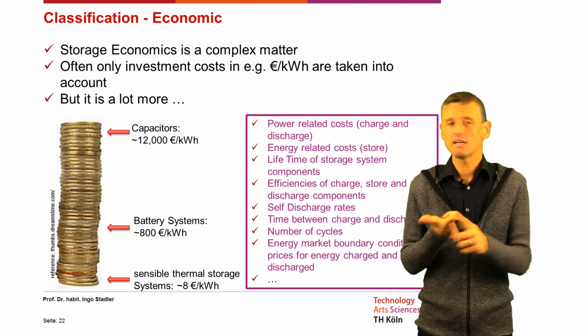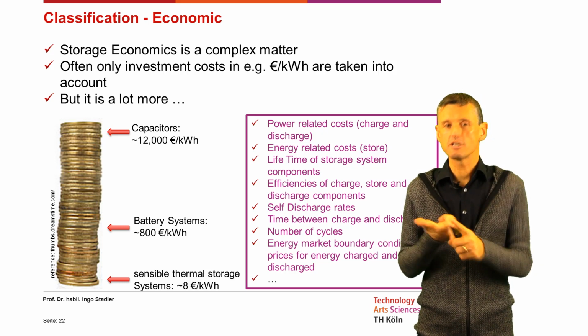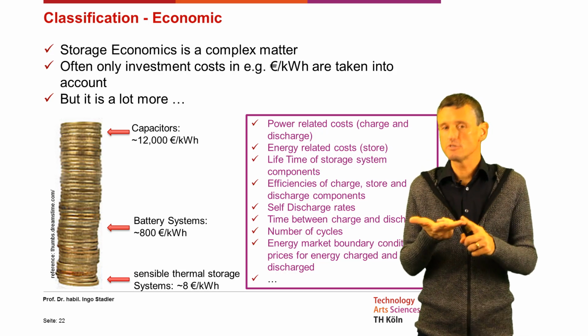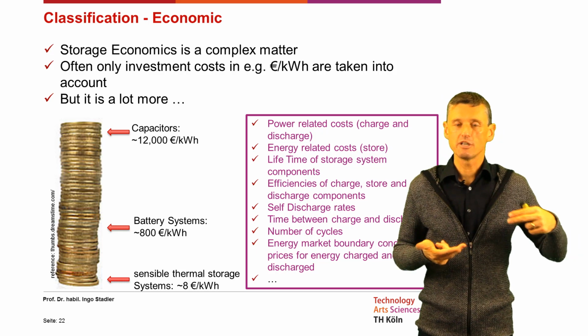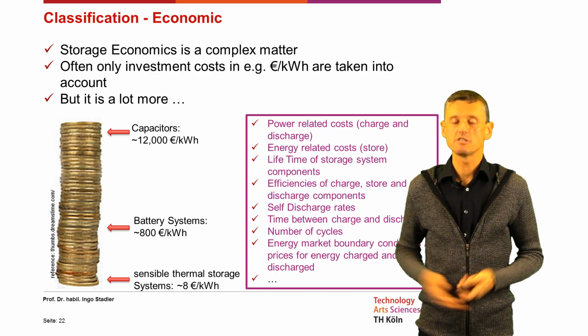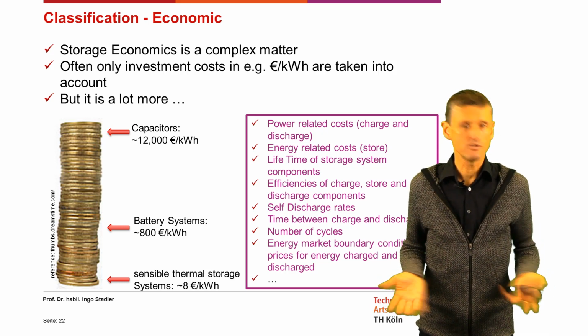The number of cycles, of lifetime cycles, a storage technology can withstand. And then also the energy market boundary conditions, the prices for energy that we charge and get back when we discharge, plays a role on which energy system we will choose for a specific application.